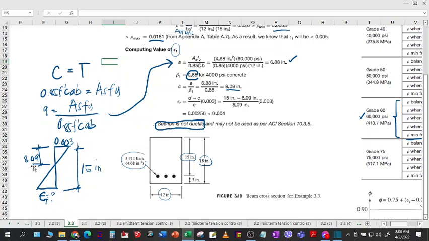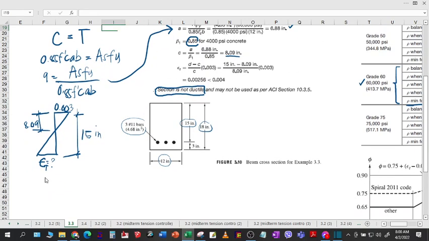So we can compute now for our epsilon t.